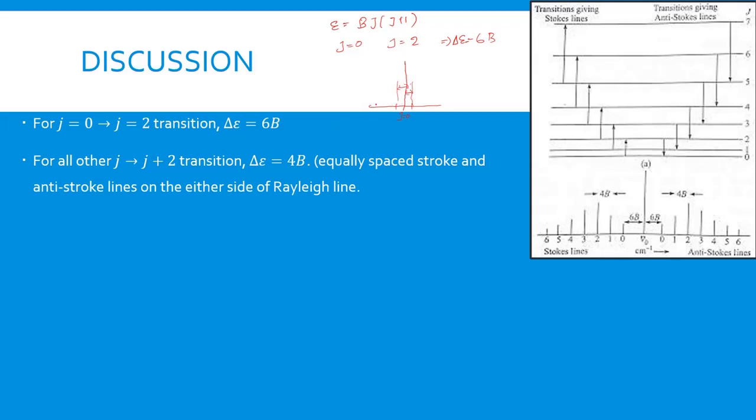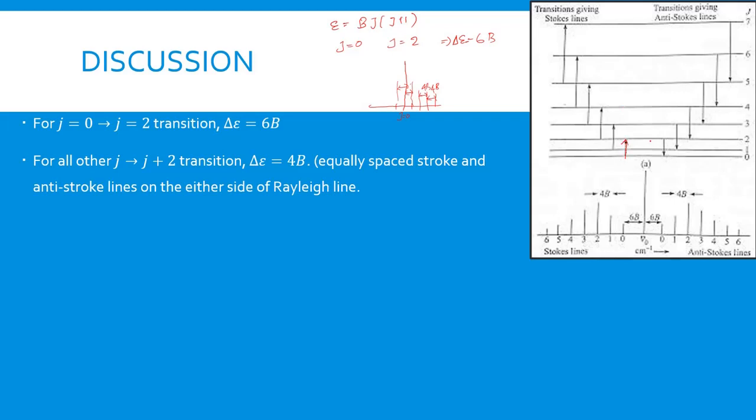And all other transitions from here, that is from J is equal to 1 to J is equal to 3, etc., all other transitions from J to J plus 2, the difference between the successive energy levels will be 4B. You can just find this out by simply subtracting these energy levels.